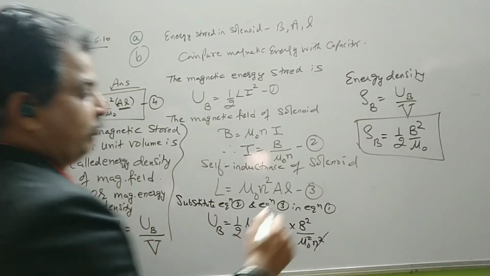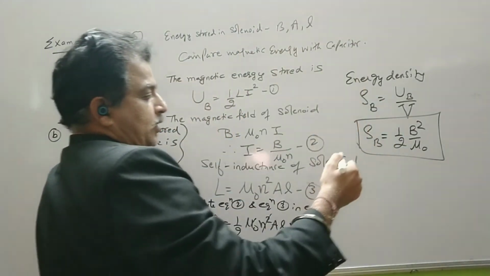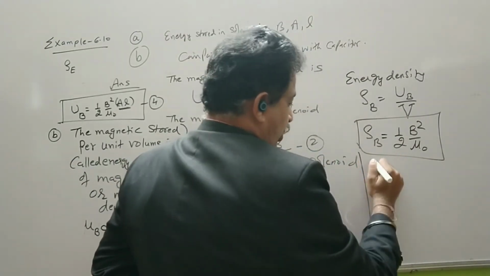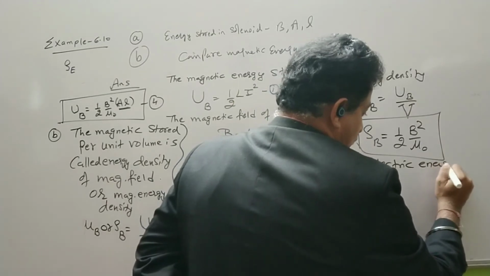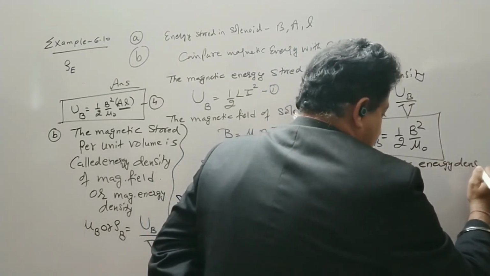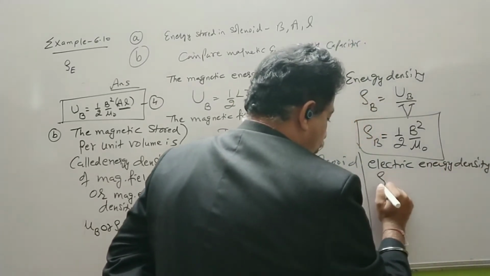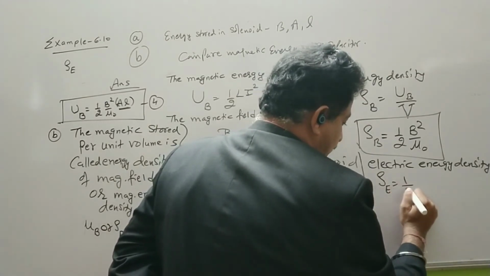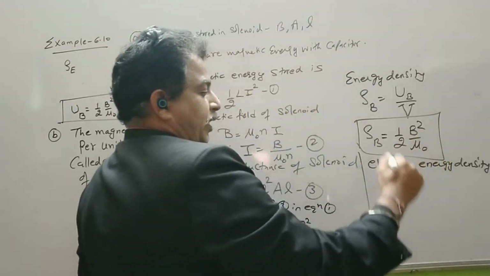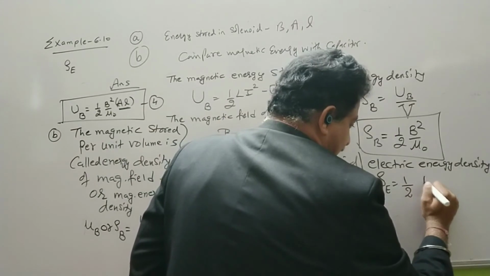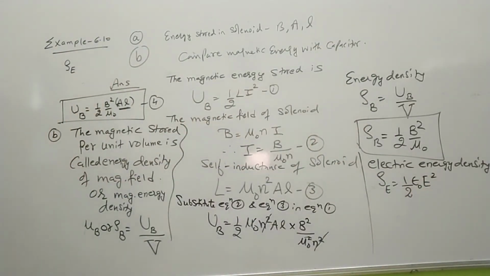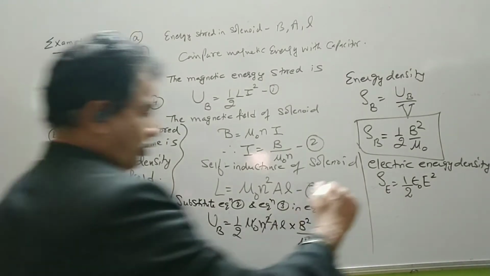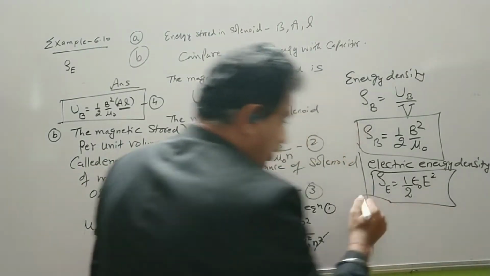Now we compare it with the energy stored in a capacitor per unit volume. The electric energy density was rho E, which is written as half, in the place of B we write E square, and in the place of 1 upon mu naught we write epsilon naught. We derived this in chapter number 2.